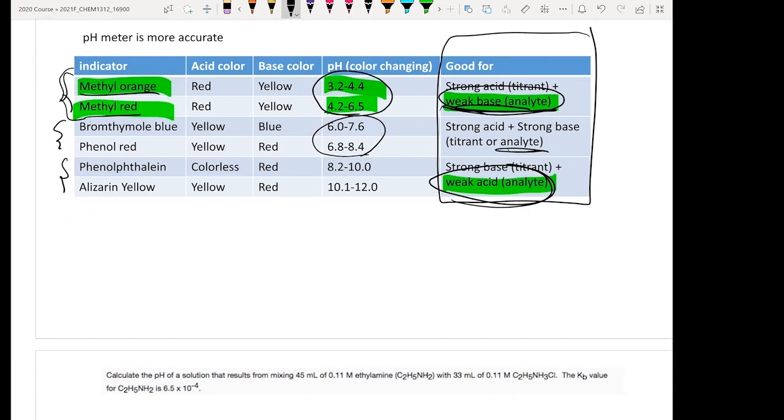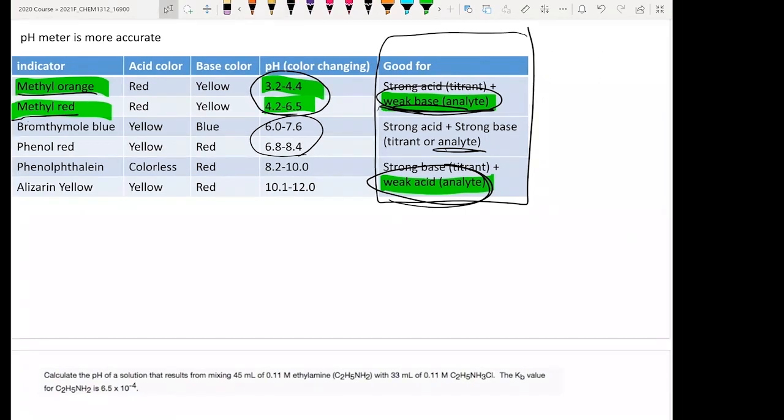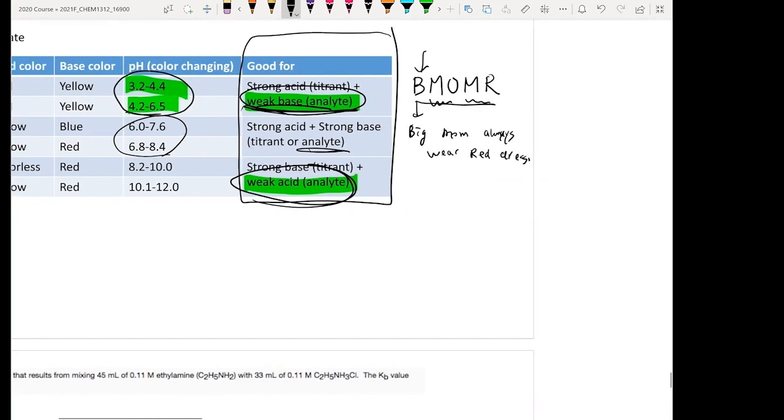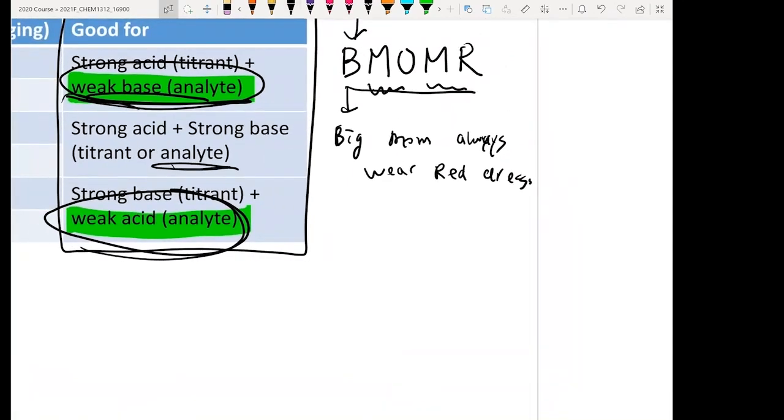The way I memorize this is that if I have a weak base as my analyte, I can use methyl orange or methyl red. And the way I memorize this is: Big Mom always wears a red dress. So I just created something that I can memorize. Big Mom red is the way I memorize all of these.